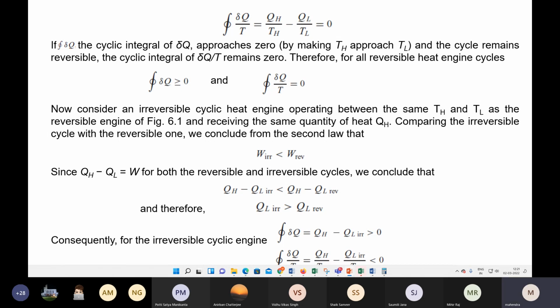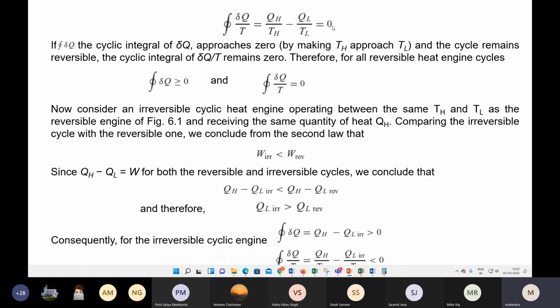That way, the ones will get cancelled, the minus will get cancelled. Okay, once you shuffle Q and T, higher terms and lower terms to either side, then you will get this. That means if it is a reversible cycle, the integral of dQ by T equals 0.